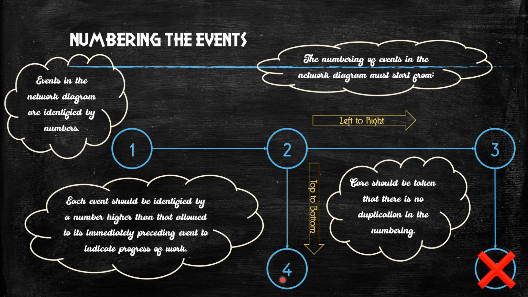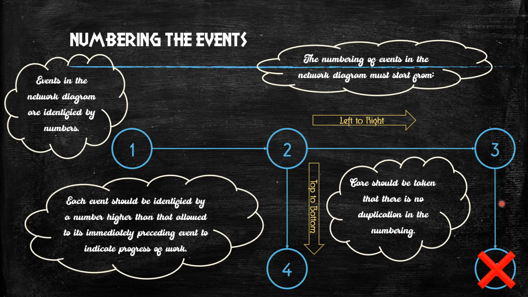No problem, nothing wrong, because as per our first rule, this is right, because the ending event number is higher than the starting event number. Again here giving 3, there is also nothing wrong, because the ending number is higher than the starting number.